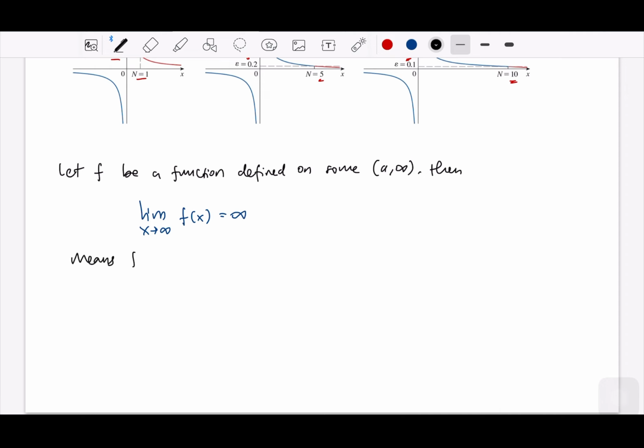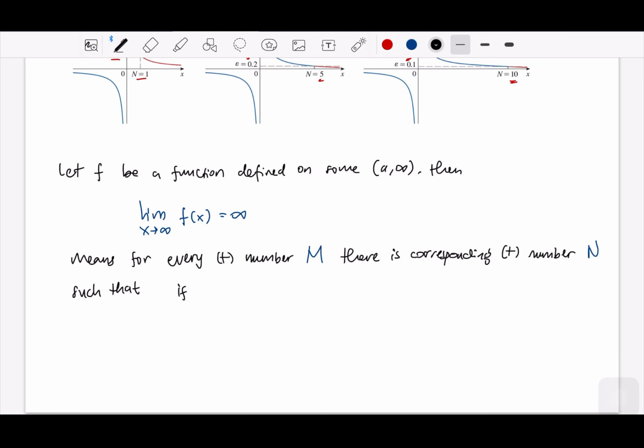It means for every positive number m, there is a corresponding positive number n such that if x is greater than n, then f of x is greater than m. My writing is not really good.